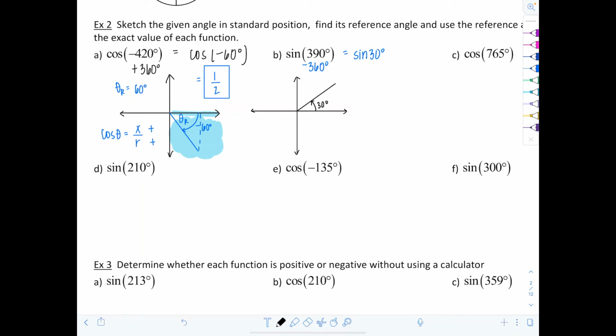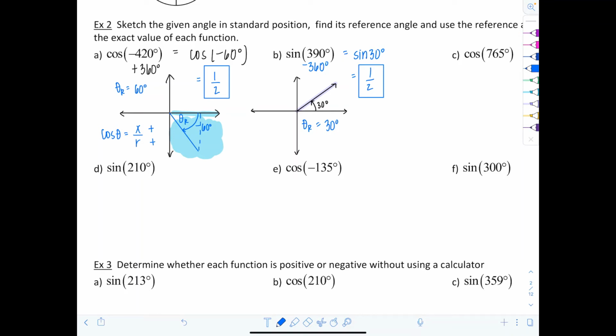And the reference angle is going to be the same as the original angle. So there's the terminal side, and theta sub r is also equal to 30 degrees. Now it just comes down to, did you memorize what sine of 30 degrees is? If not, check your chart really quickly. That's right, it's 1/2. Good.